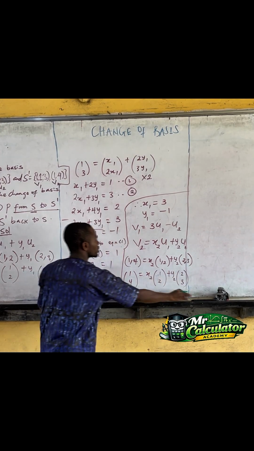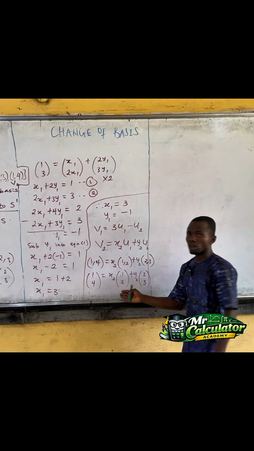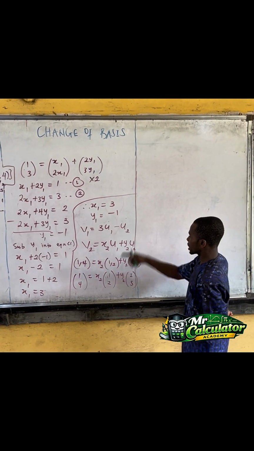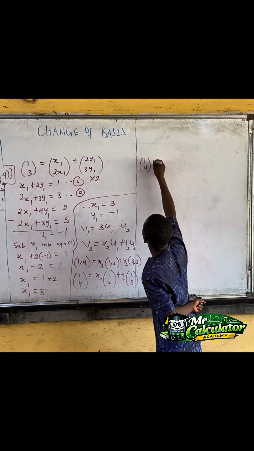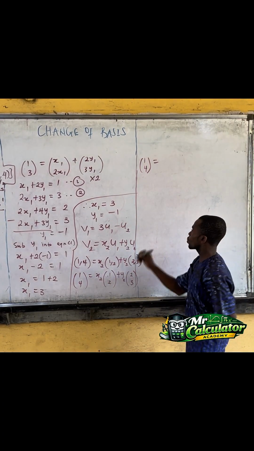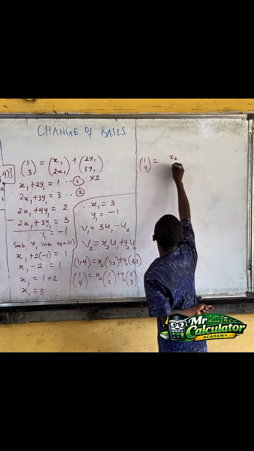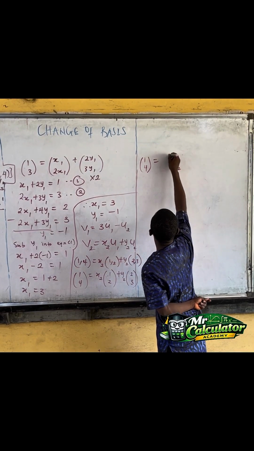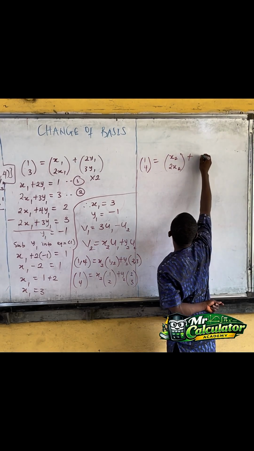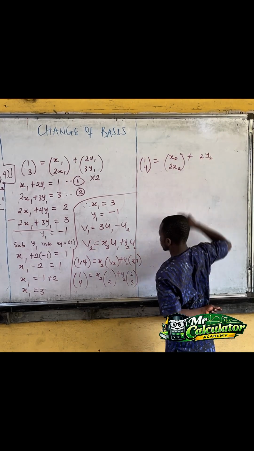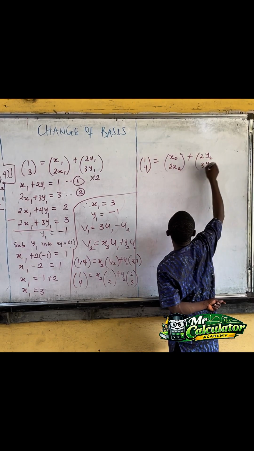So from here, I can continue, open the brackets. 1 and 4 equal to x2 times 1, x2, x2 times 2, 2x2, close it, plus y2 times 2, 2y2, y2 times 3, 3y2, close it.